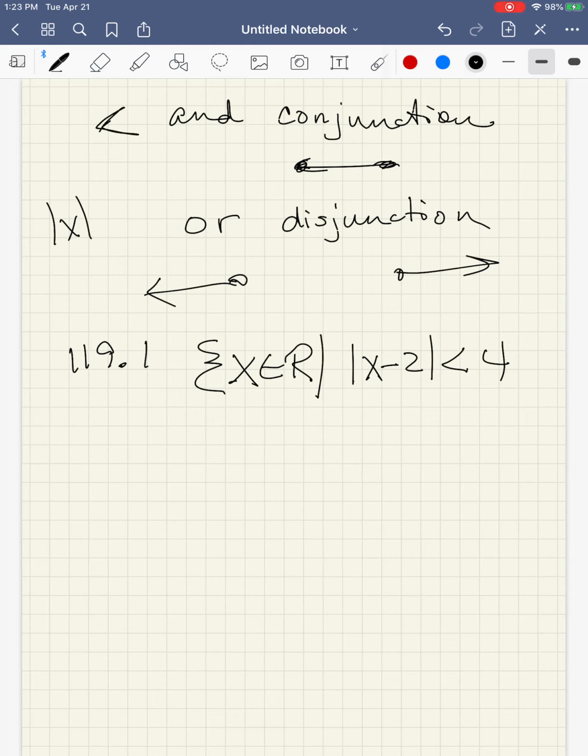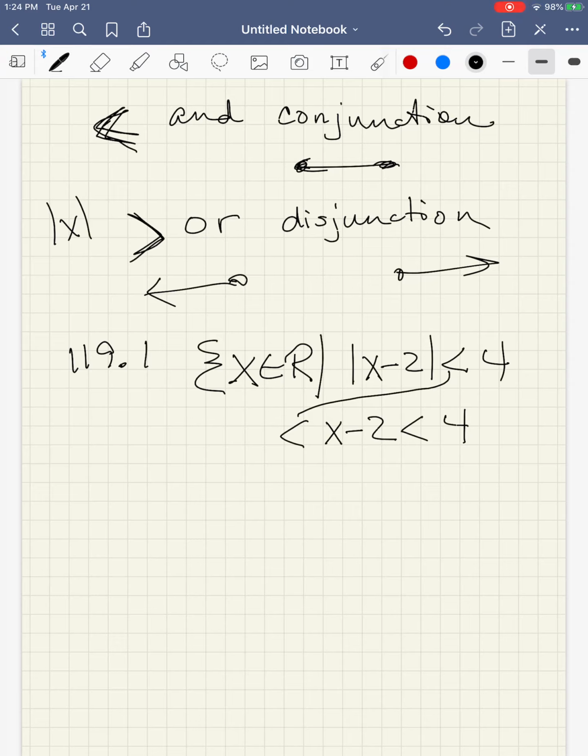The symbol less than indicates it's a conjunction and it's going to come together. The symbol greater than indicates that it's a disjunction and it's going to go apart. So when it is a conjunction, which this one is, to solve it, all I need to do is bring the x minus 2 less than 4 without the absolute value down, and I take this symbol right here and I put it in front.